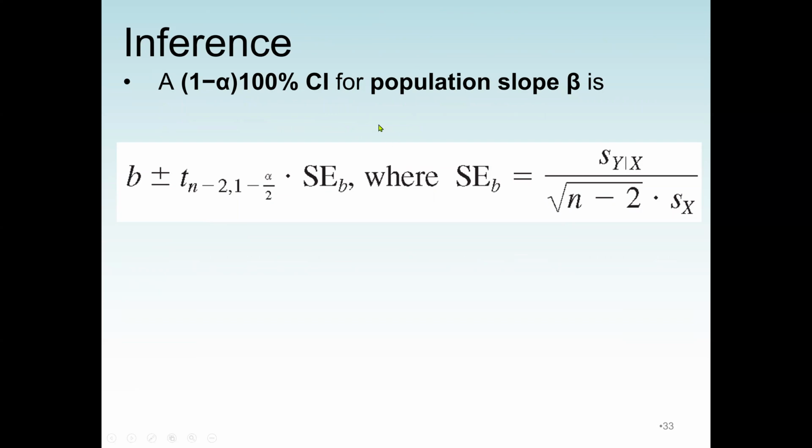When we come to the confidence interval, we say the 1 minus alpha 100% interval for the population slope is the slope plus or minus t with n minus 2 degrees of freedom at 1 minus alpha over 2, times s_b, where s_b is a different formula. This is for our inferential statistics.